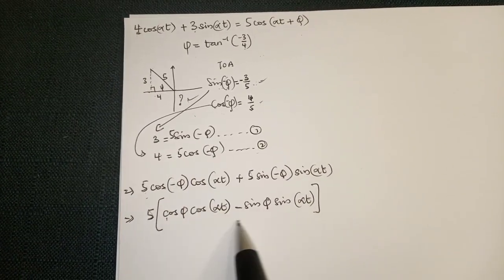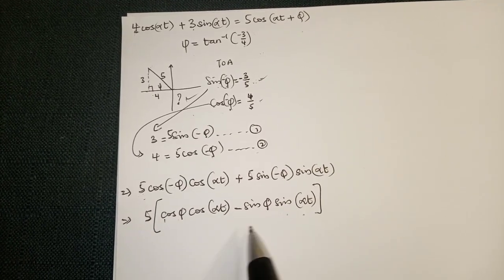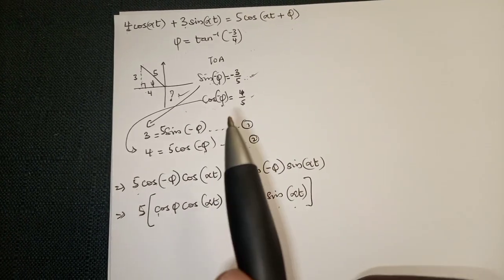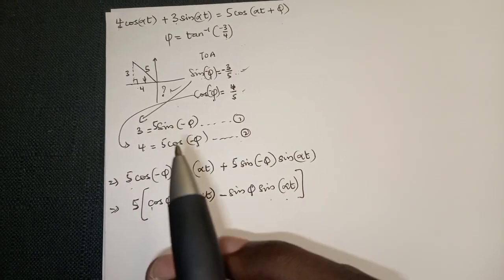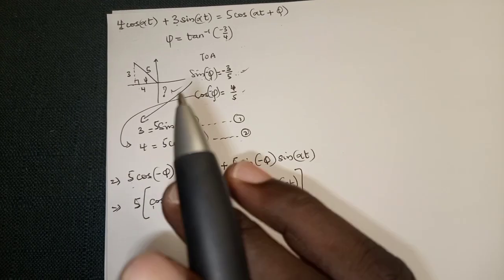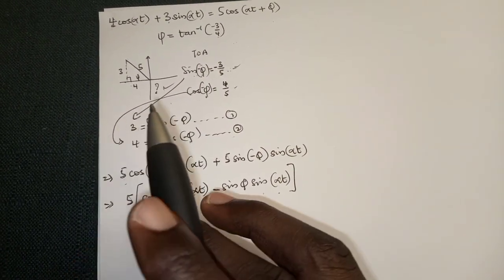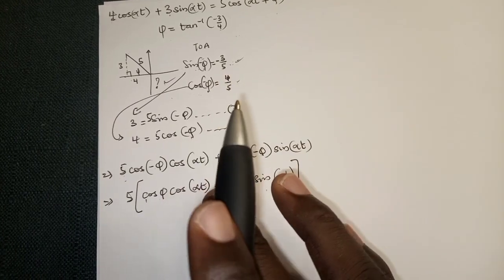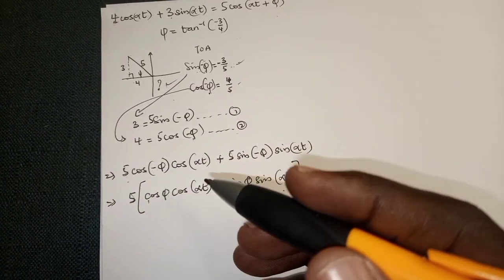Now looking closely at this takes us to the cos identity, the addition of angles identity.